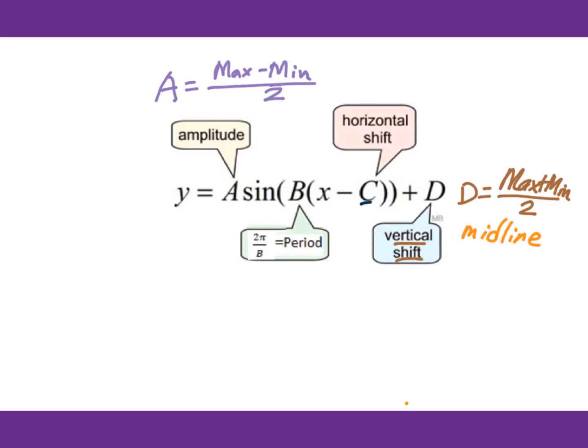This c, we call this a starting point, depending on the function. For this b, that's a period equals 2 pi over b. In other words, this b equals 2 pi over period.